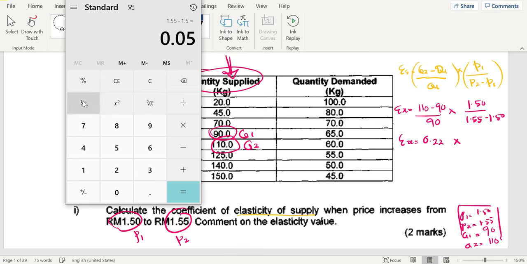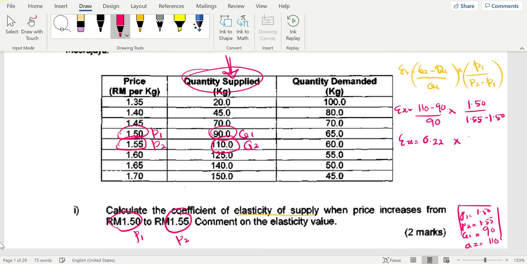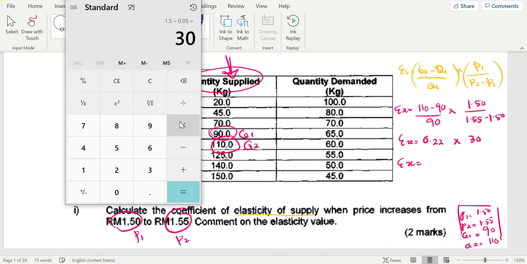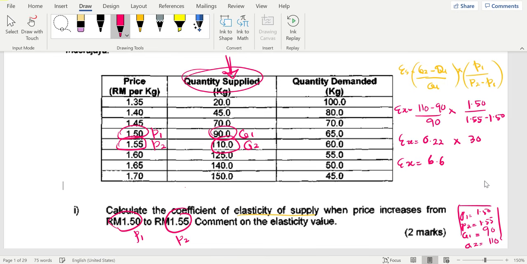Okay, so 150 divided by 0.05, it's 30 here. So EX equals 30 times 0.22, 6.6.